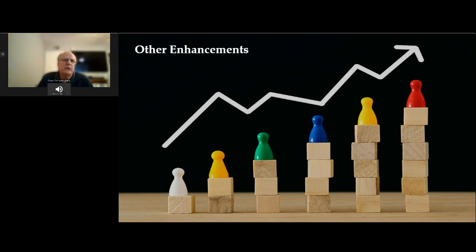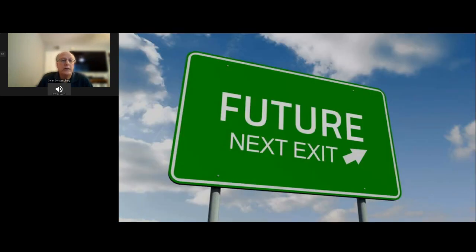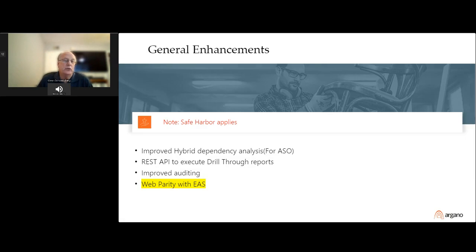But I don't want to talk about just what they've already done. I also want to talk about what's the future, what's coming up in the next versions of Essbase. There was supposed to have been a patch out, 21.4, that was supposed to come out in the July or August timeframe. That's actually been pushed back into the September timeframe. And what they've done is they've actually patented a new hybrid dependency for ASO.